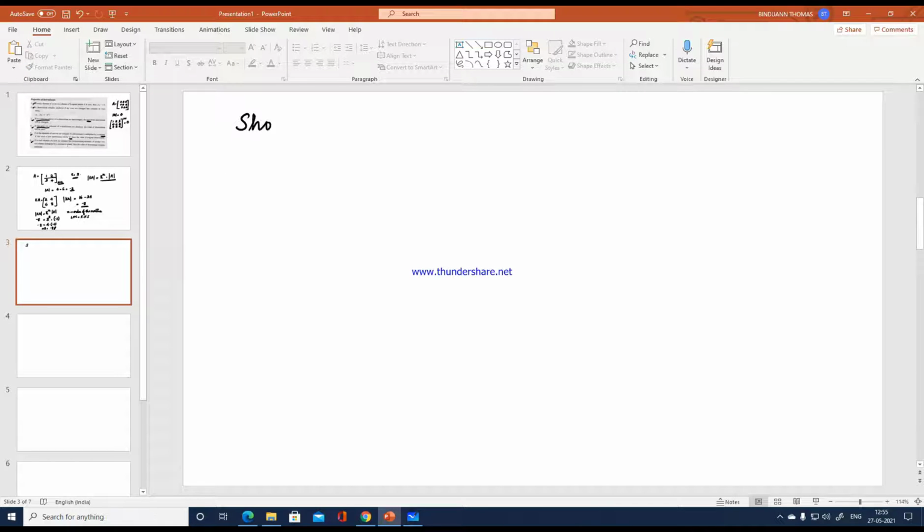You're asked to show that the determinant with rows 1, A, B plus C; 1, B, C plus A; 1, C, A plus B is equal to 0. So you need to prove that the determinant of this particular matrix will be equal to 0.